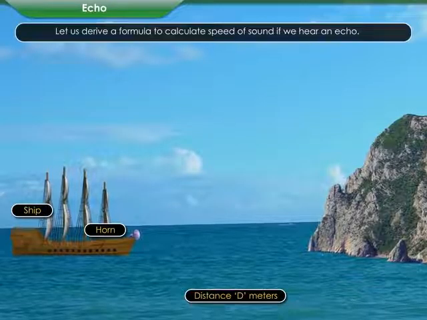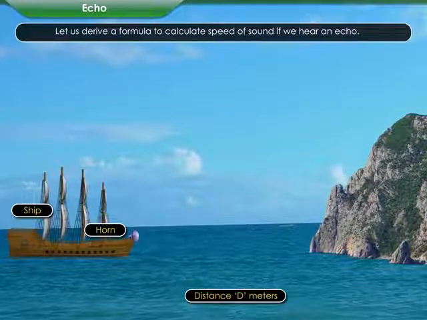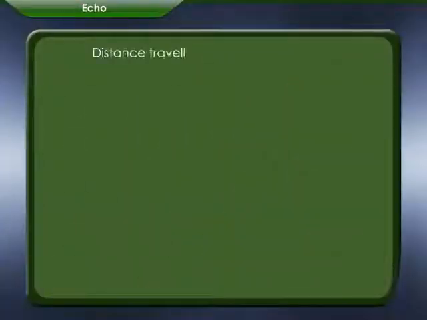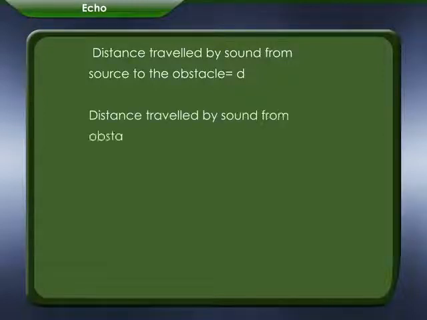Let us derive a formula to calculate speed of sound if we hear an echo. Let the distance traveled by the sound from source to the obstacle be d. Then, the distance traveled by sound from obstacle to the source is d.